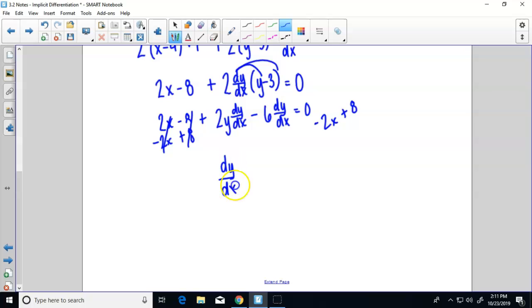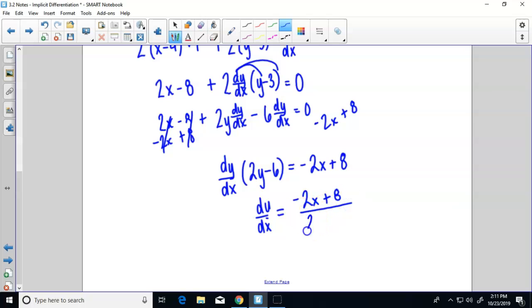Dy dx times 2y minus 6 equals negative 2x plus 8. Everybody okay there? Then you just divide, so we'll have dy over dx will equal negative 2x plus 8 over 2y minus 6.